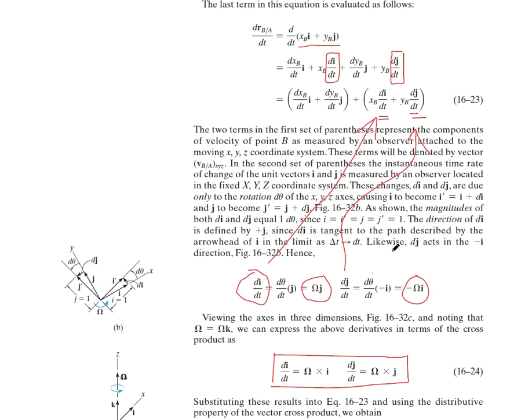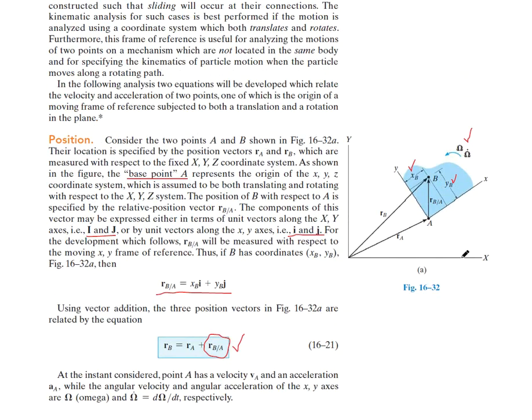I want to go back to the original figure and mention something that is not done in this book, but other books do it, and it helps with understanding concepts. Other books introduce a point P, which coincides momentarily with B, but is fixed relative to the moving frame.